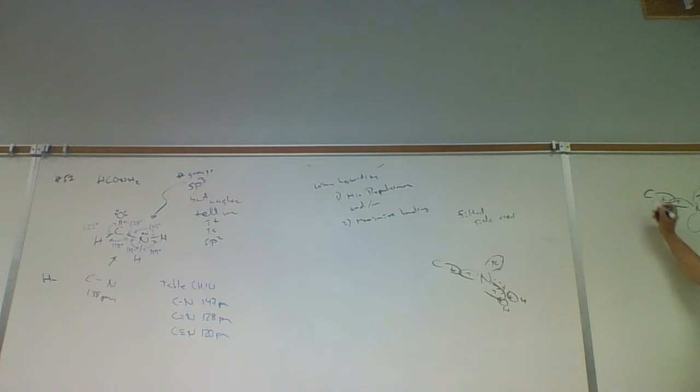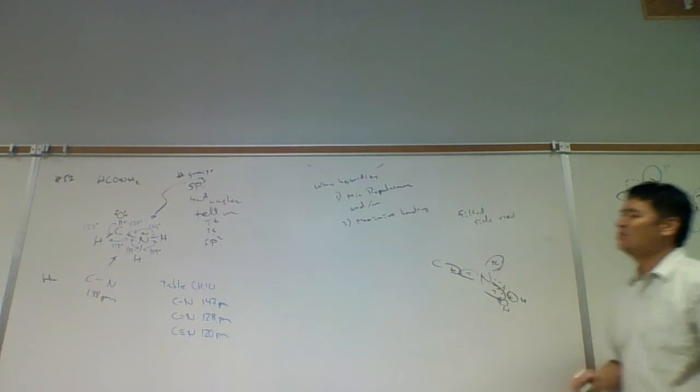So if I think about carbon, it's going to be like this. sp2 is coming out here, sp2 is going in here, and there's going to be a p orbital here, a p orbital here, and a p orbital.